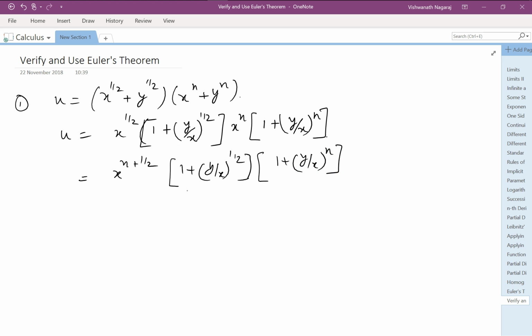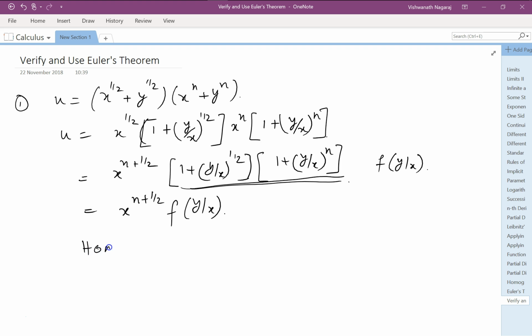Now if you notice, we have x to the power of n plus half, and the rest is a function of y by x, which means it is a homogeneous function of degree n plus half.